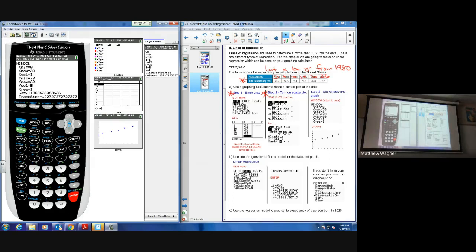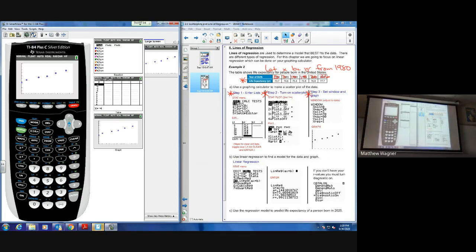At this point, we can hit graph, and then you see your data, okay? So we're now on step 3. We rearranged our window, we set our data, and I would say these points have a high positive correlation. All right, if you were asked to describe this data, that's what the picture is for.